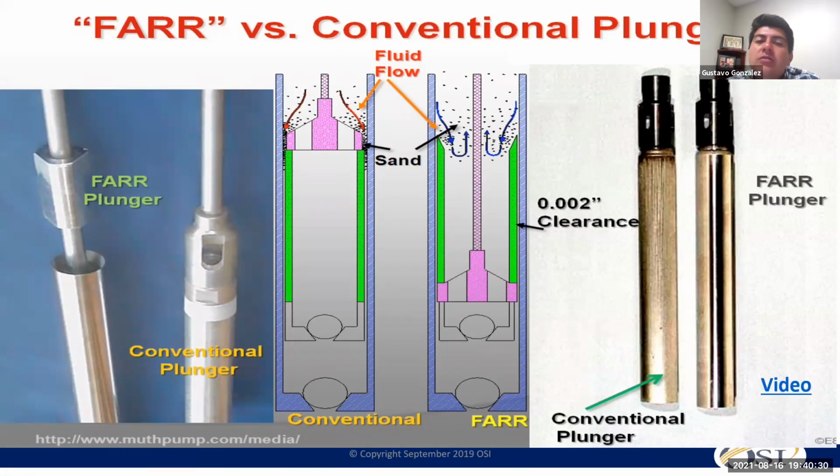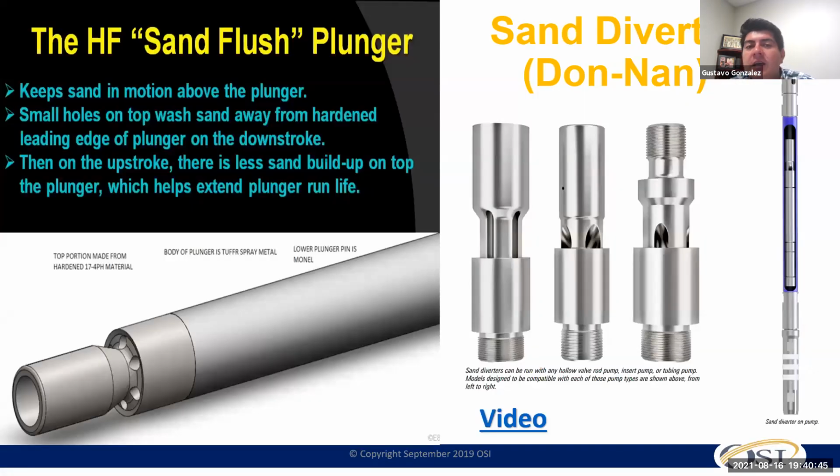So that's why the sand sieve particle size distribution, or the sand sieve report, is going to help you understand what sand is actually passing around. Just keep that in mind, always looking at the entire system. This is the sand flush plunger I see customers using, or the sand diverter from Downend, which customers use with a great success rate.